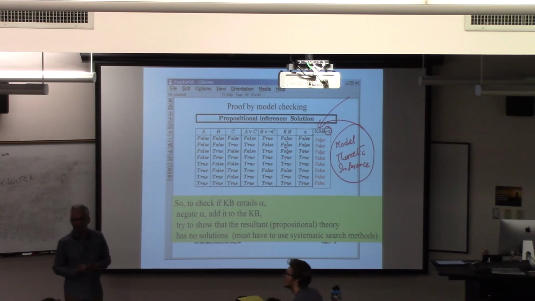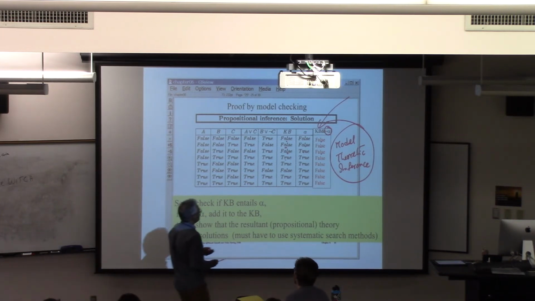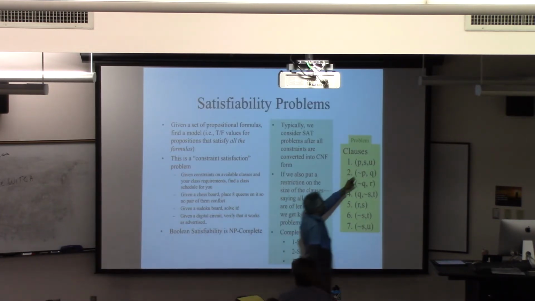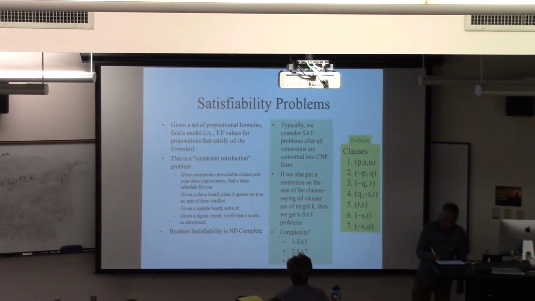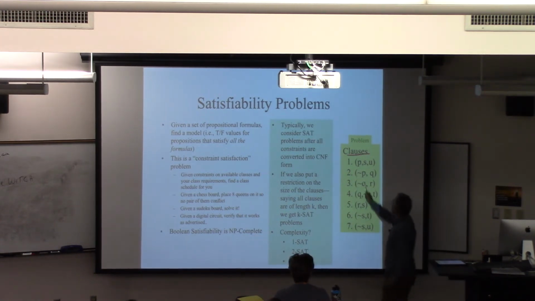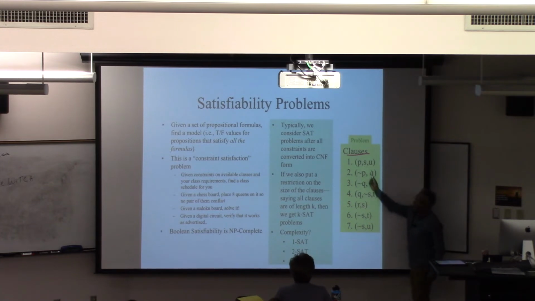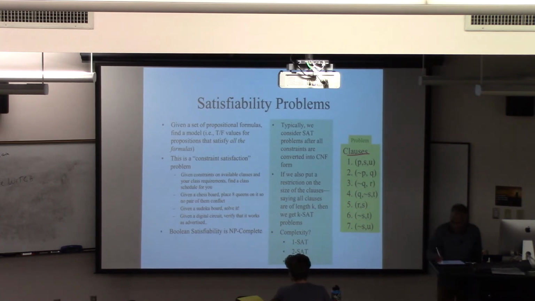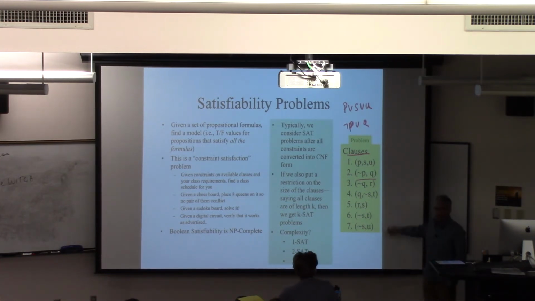The Boolean satisfiability problem essentially is this problem. Given a bunch of clauses, for example, P or S, or P, R, S, R, U. And then not P or Q, comma Q is not P or Q. And so on.